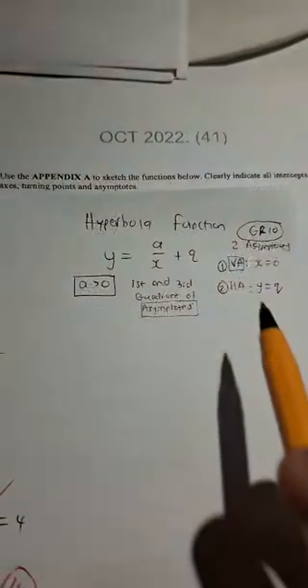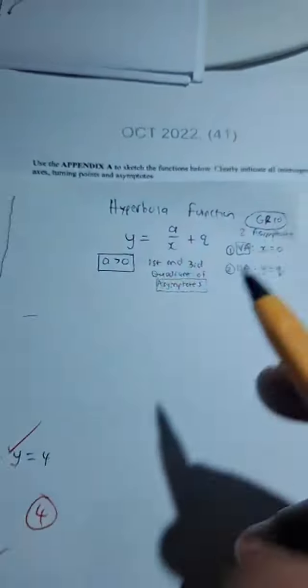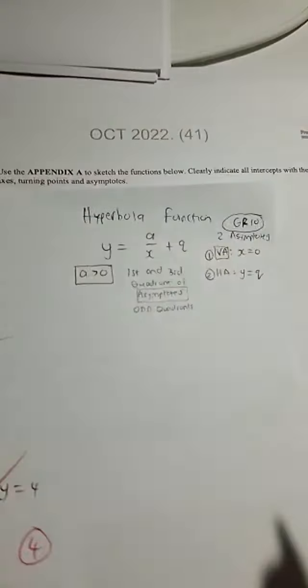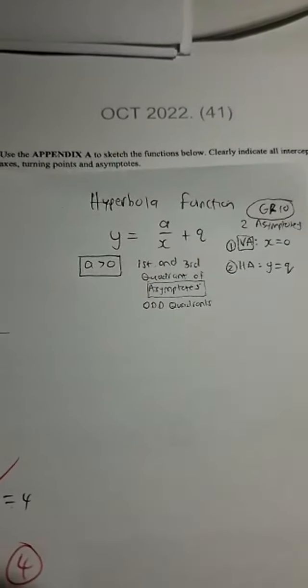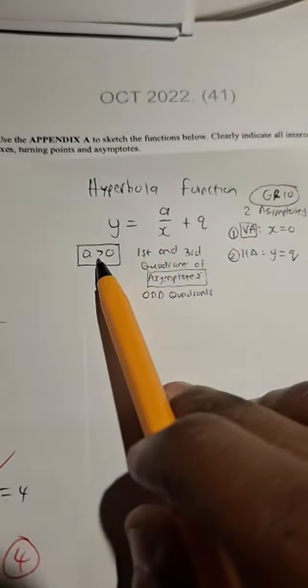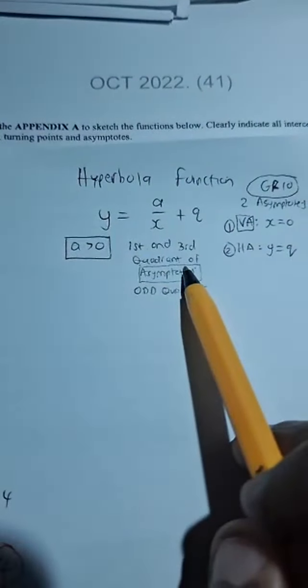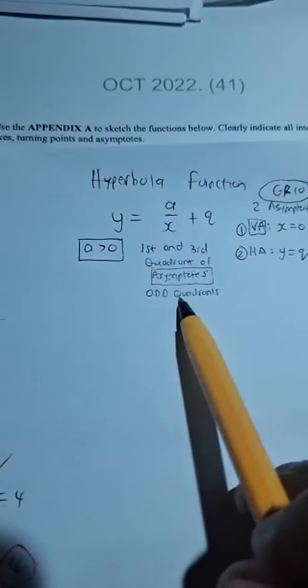Guys, of the asymptotes, I underscore that point. First and third quadrant of the asymptotes. So in other words, it's the odd quadrants, the odd number quadrants. We have 4 quadrants in total. So if a is greater than 0, the function will be found in the first and third quadrants of the asymptotes.